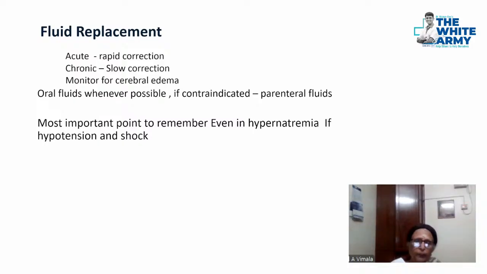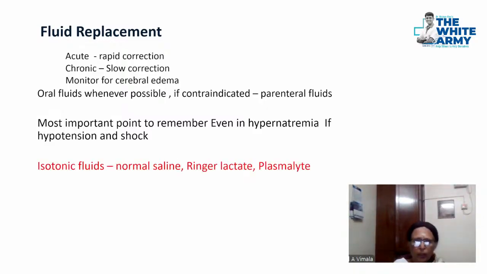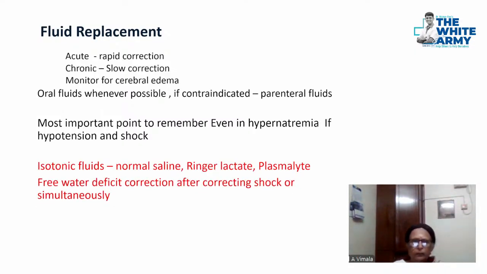Most important point to remember, even in hypernatremia, the patient should first get corrected for the hypotension and shock. What are the isotonic fluids that we can use for correction of hypovolemia? Normal saline, Ringer's lactate, Plasmalyte. Free water deficit correction is done after correcting shock or simultaneously.